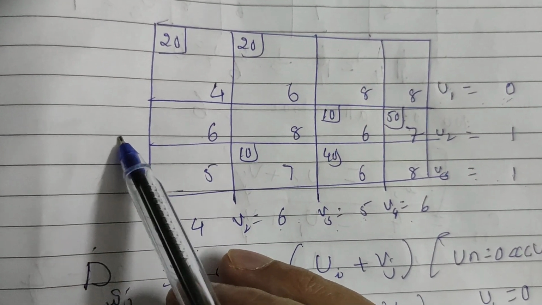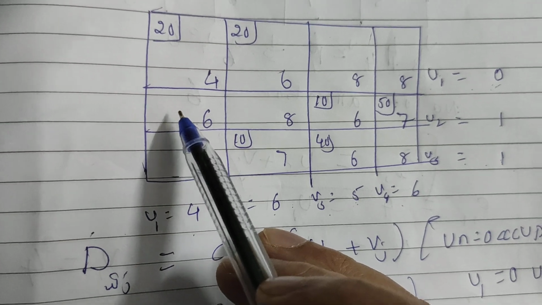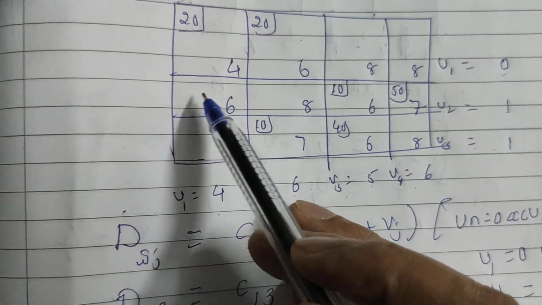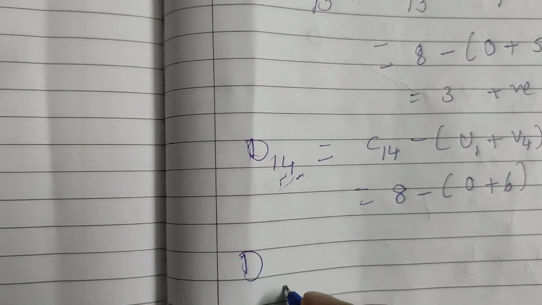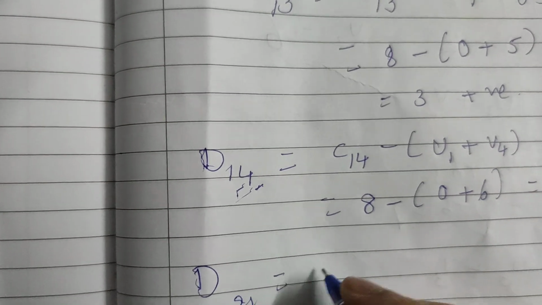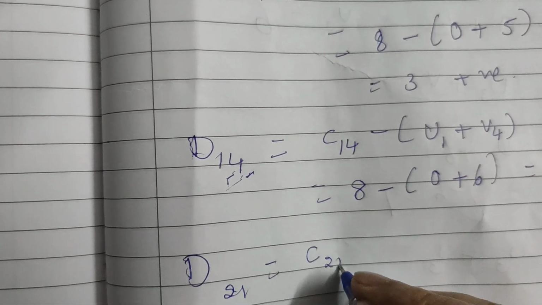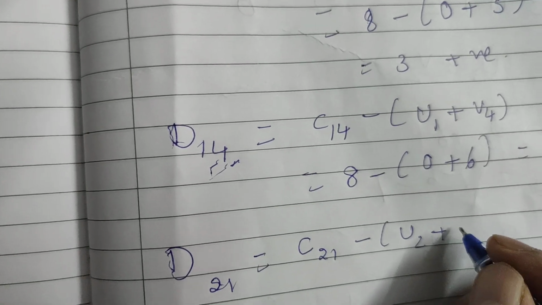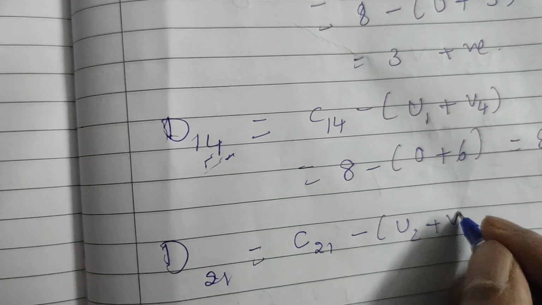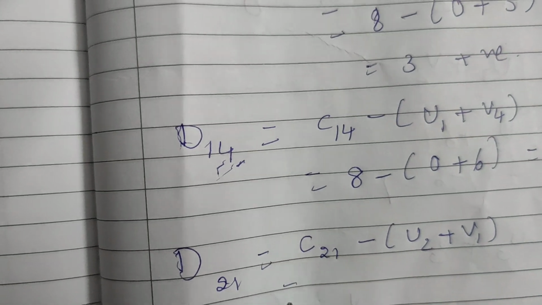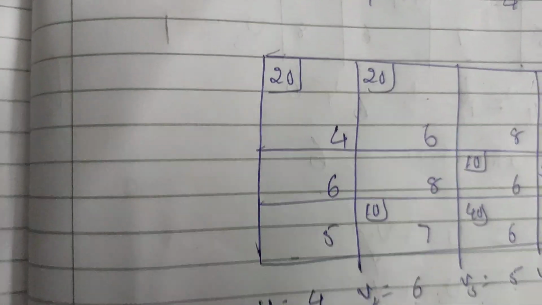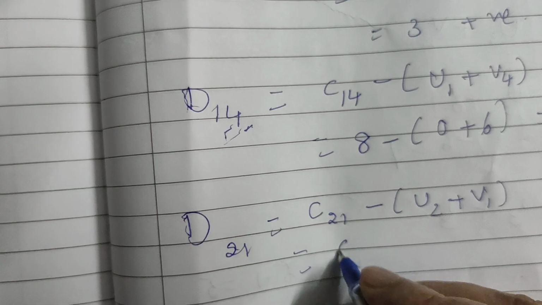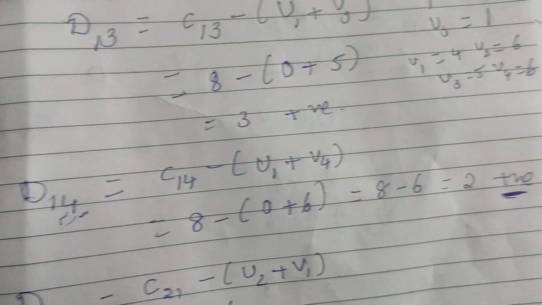D21 means second row, first column. D21 means C21 minus (U2 plus V1). C21 cost is 6 minus, what is the U2 value here?